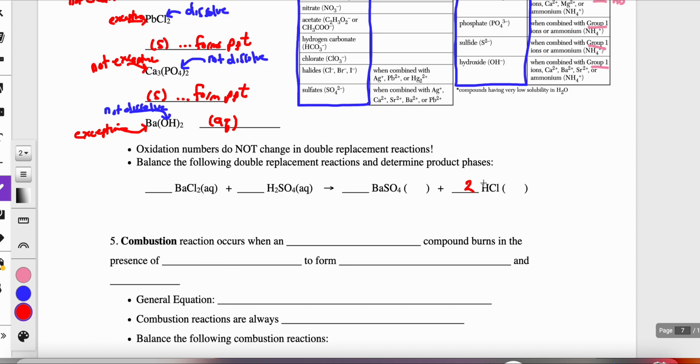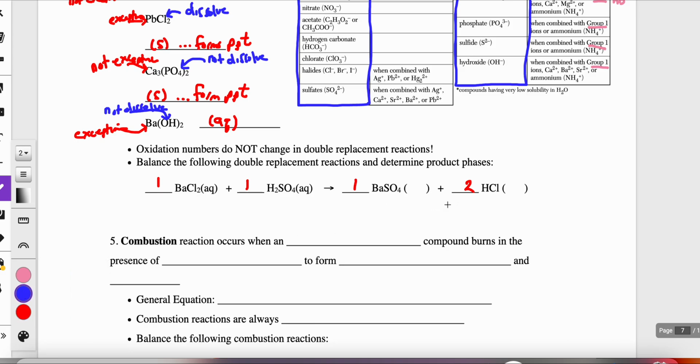It also affects the H count on the product side. So my H count went from 1, now it's 2, but I see that there's already 2 on the reactant side. So everything else is balanced. Now, the job here is these are the 2 products.